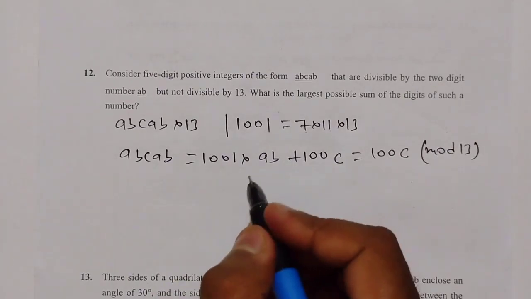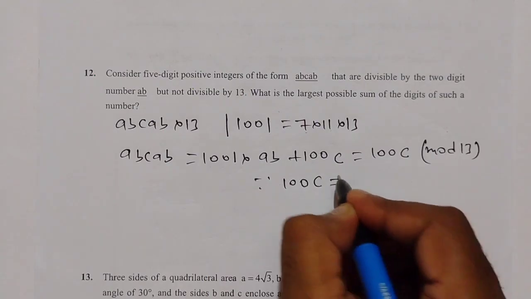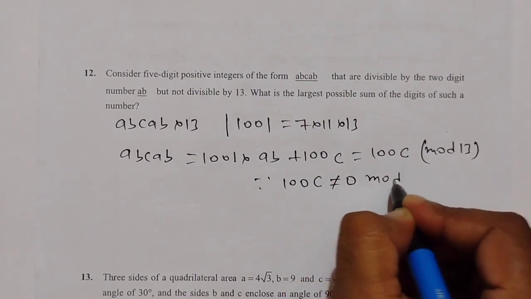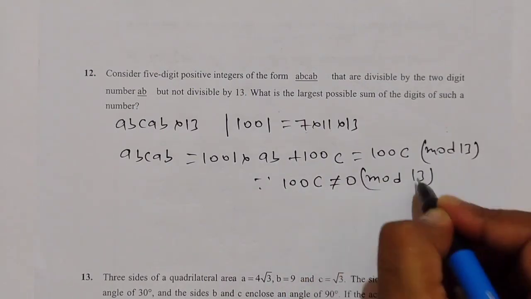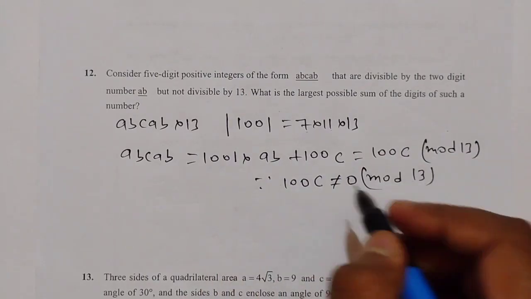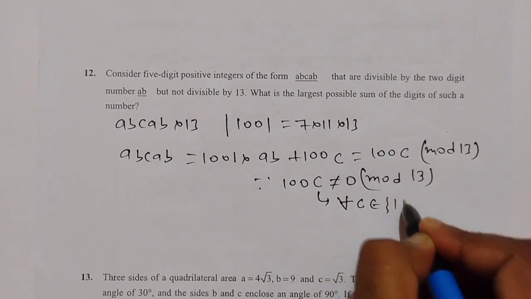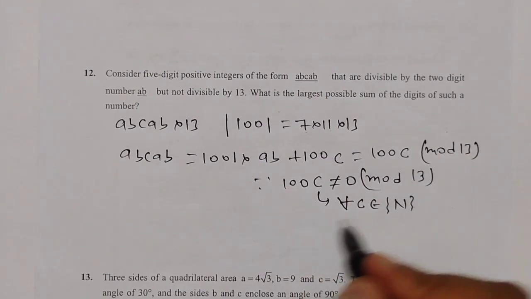Now we have 100C not equal to 0 mod 13, and this is basically for all C belonging to natural numbers.